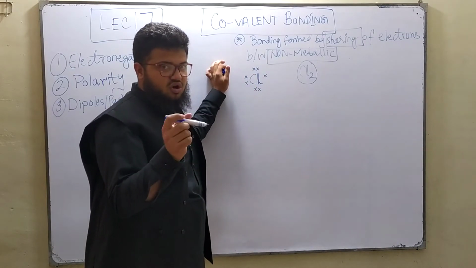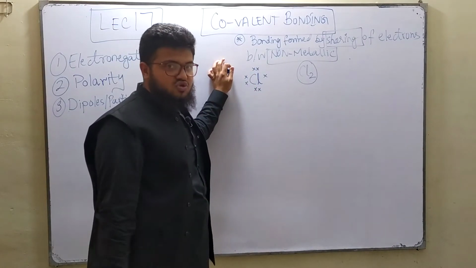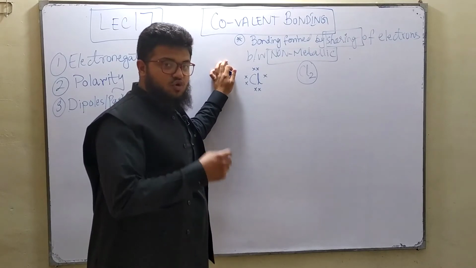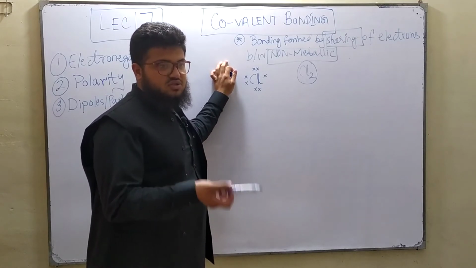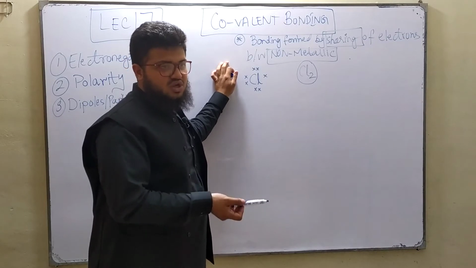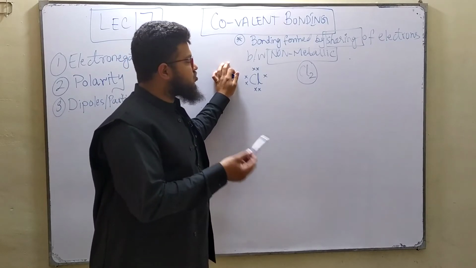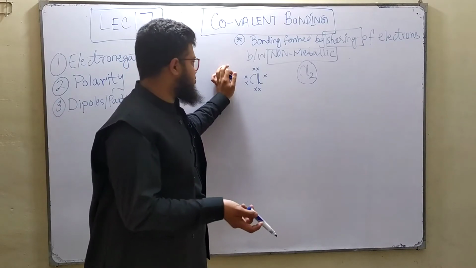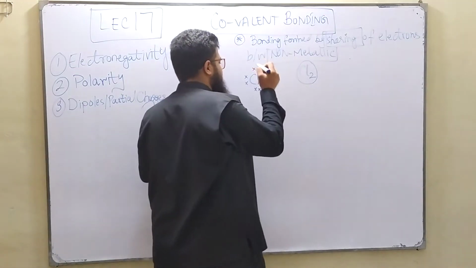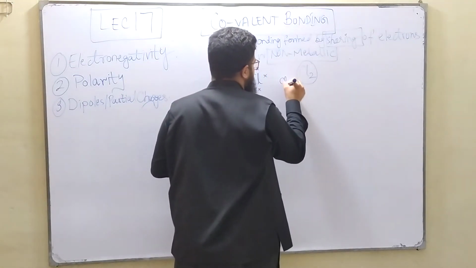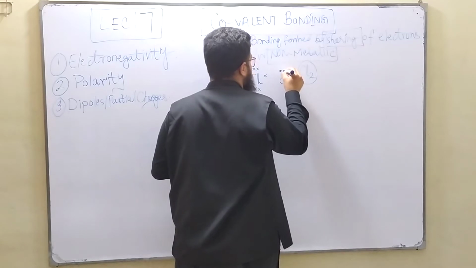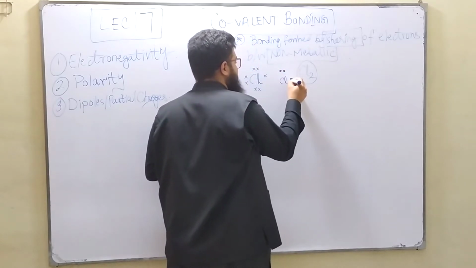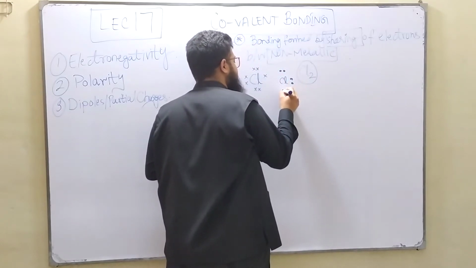It needs 1 electron, and the other chlorine atom also needs 1 electron. So if both the chlorine atoms share one electron with each other, then of course both of them will have 8 electrons. So I'm drawing dots to represent the electrons of one chlorine atom, and crosses for the electrons of the other chlorine atom.